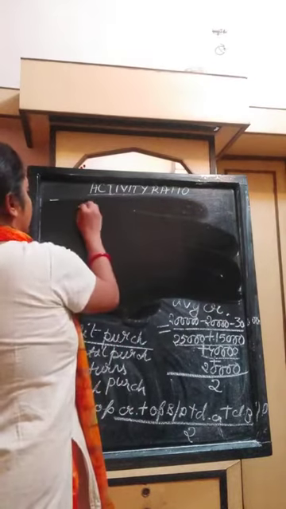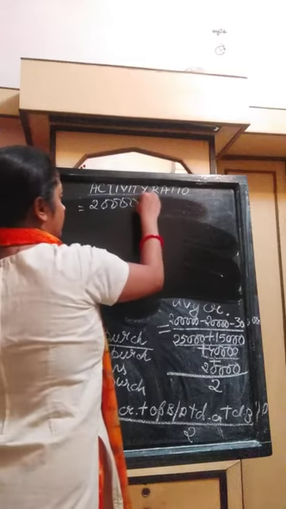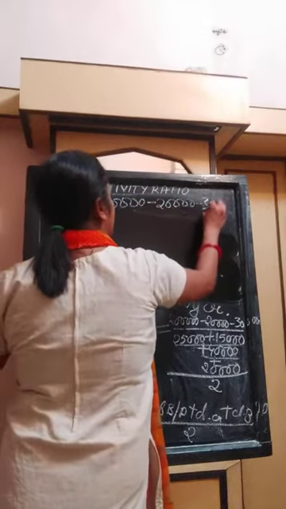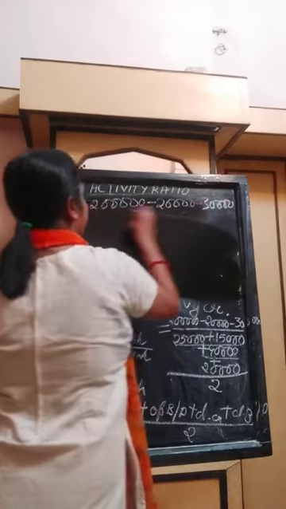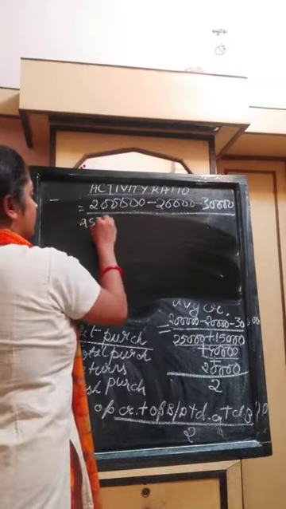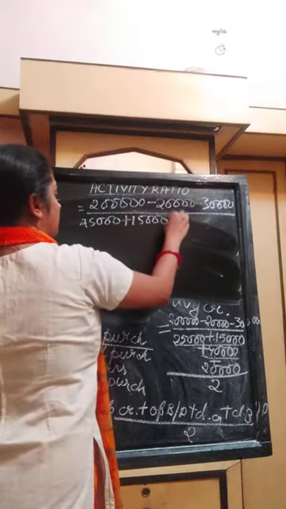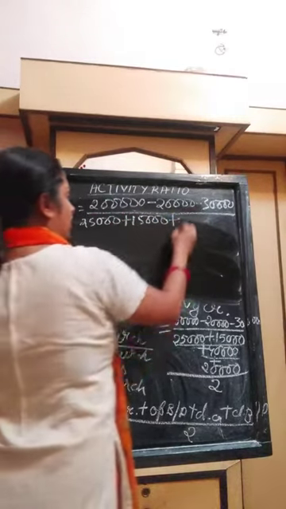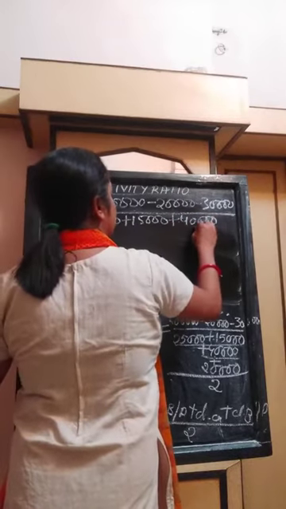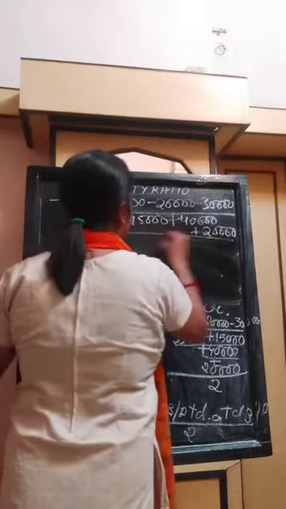Again I am writing 2 lakh minus 20,000 minus 30,000, plus 25,000 plus 15,000 plus 40,000 plus 20,000, divided by 2.